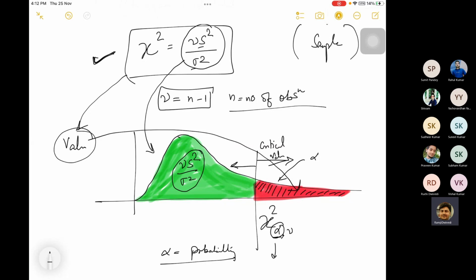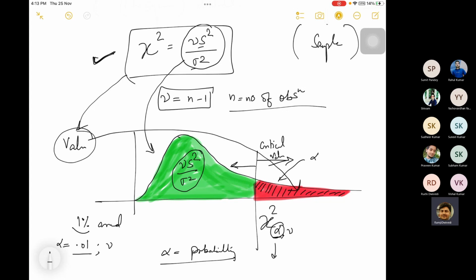For example, let's say a problem where we have to find the 1% of the area under the curve having 10 degrees of freedom. So 1% of the area, meaning 0.01, becomes the alpha.